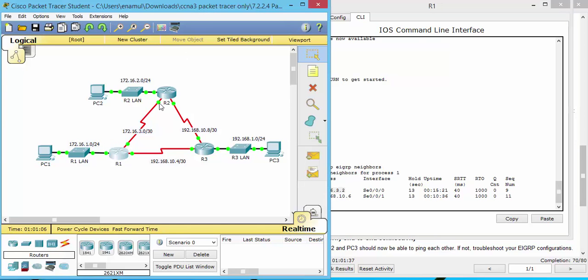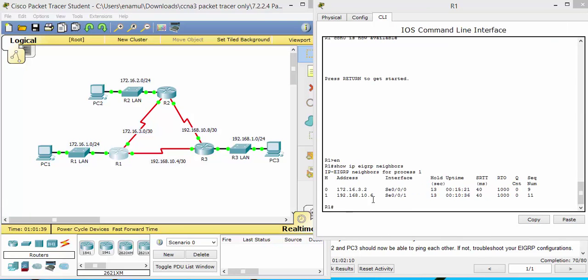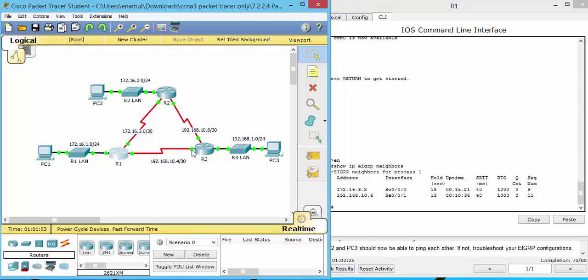This is R2's IP address on serial 0/0. And this is 192.168.10.6. This is R3's IP address on serial 0/1, and it is learned through serial 0/1.